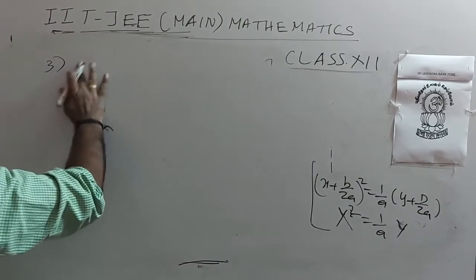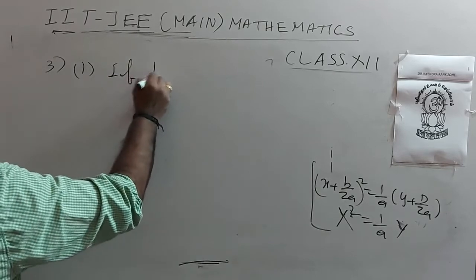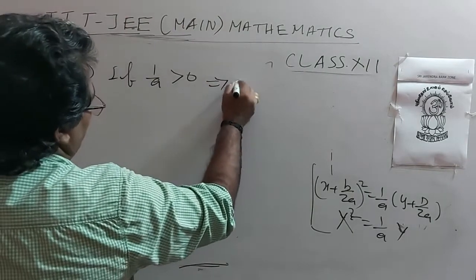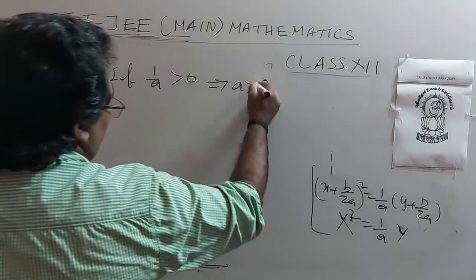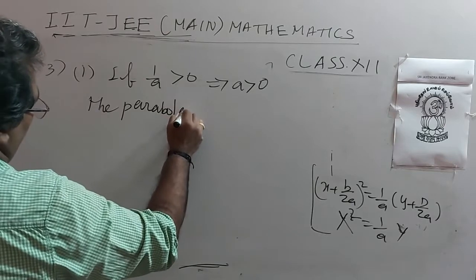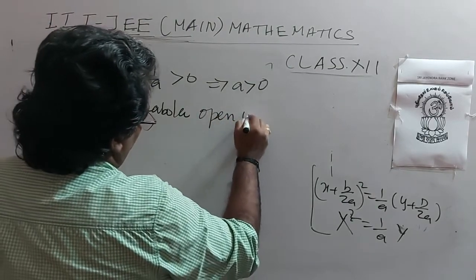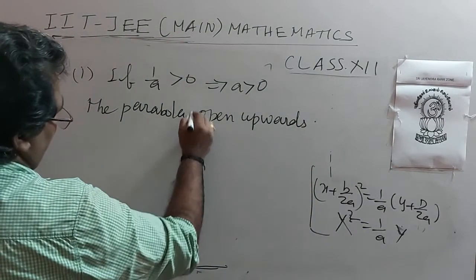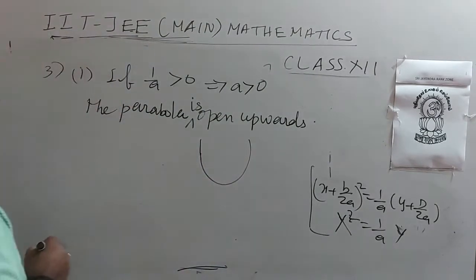If 1 by a is greater than 0, which implies a is greater than 0, the parabola opens upwards, that is the curve will be like this.